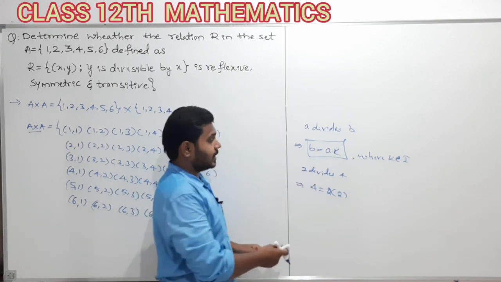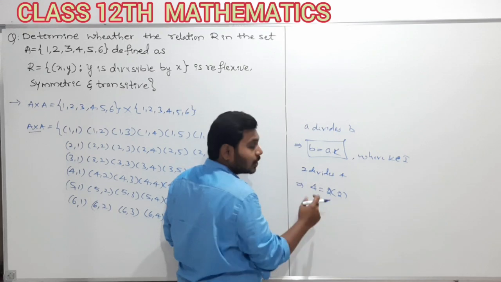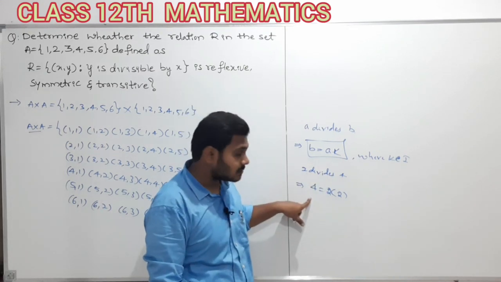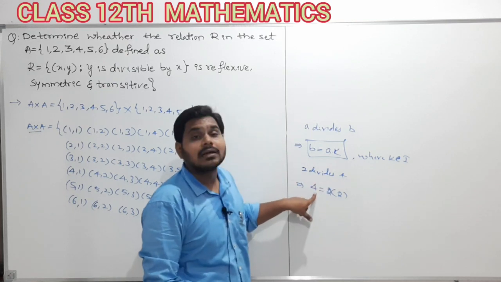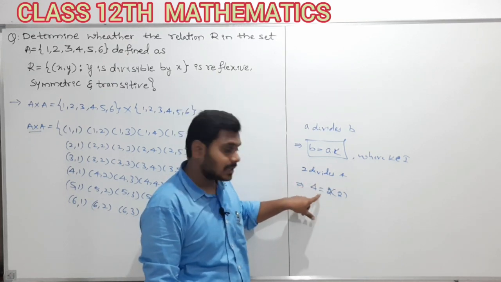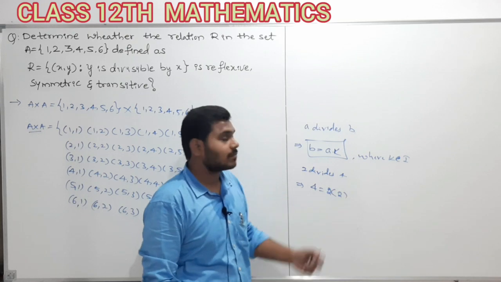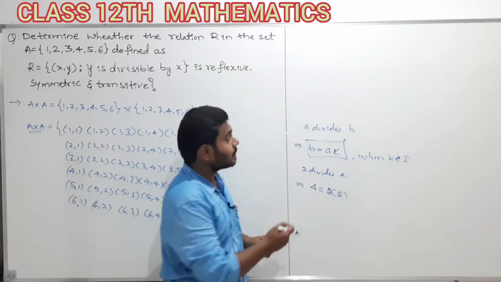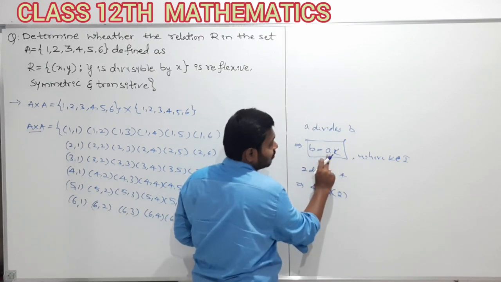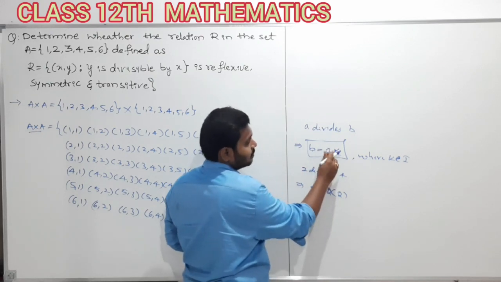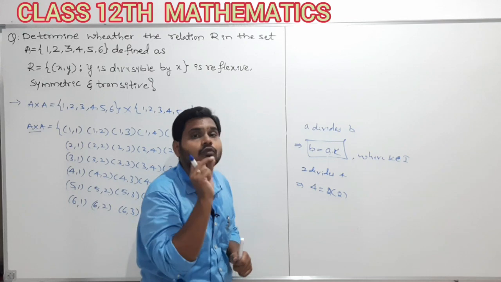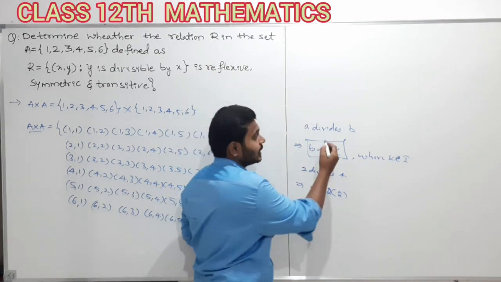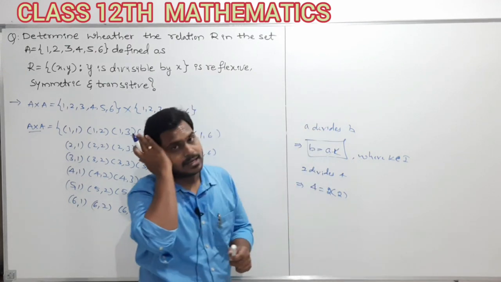The same way, my dear students, we can also call it 4 is divisible by 2. 4 is divisible by 2 means 4 must be possible to write in the form of 2 into some constant. Therefore, A divides B means B can be written in the form of A into K. If it is possible to write in this form, then only we can call it A divides B, and also B is divisible by A. Clear?